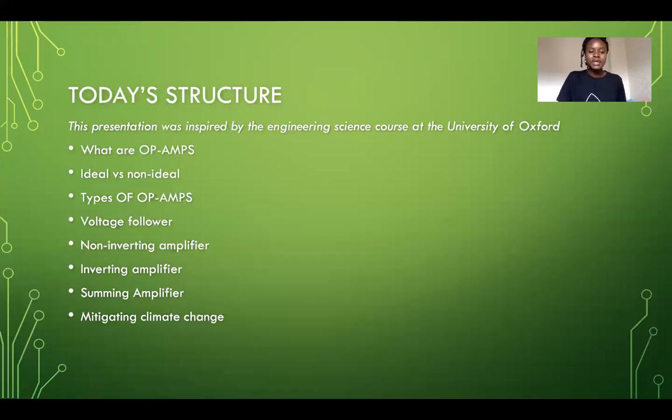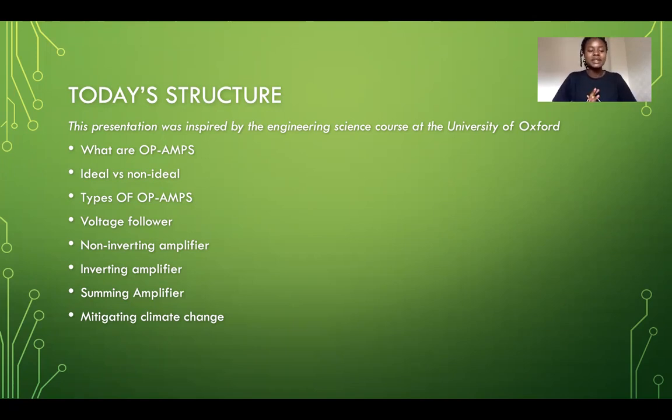I start with a brief introduction to what op-amps are, and then we go into the difference between ideal and non-ideal op-amps. I then hope to briefly summarize the different types before going into a bit more detail about some of them.